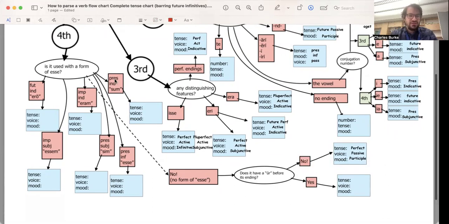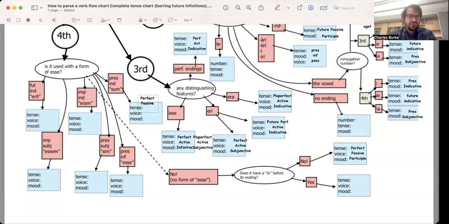So now we just do addition. Perfect plus present equals perfect. So up here will be the perfect passive, because all of these are going to be passive, except for down here in a second.